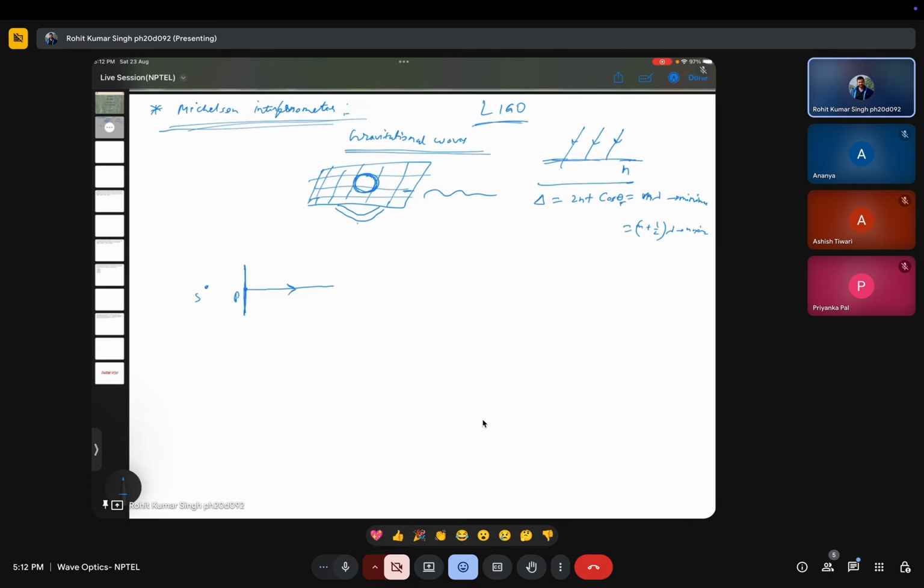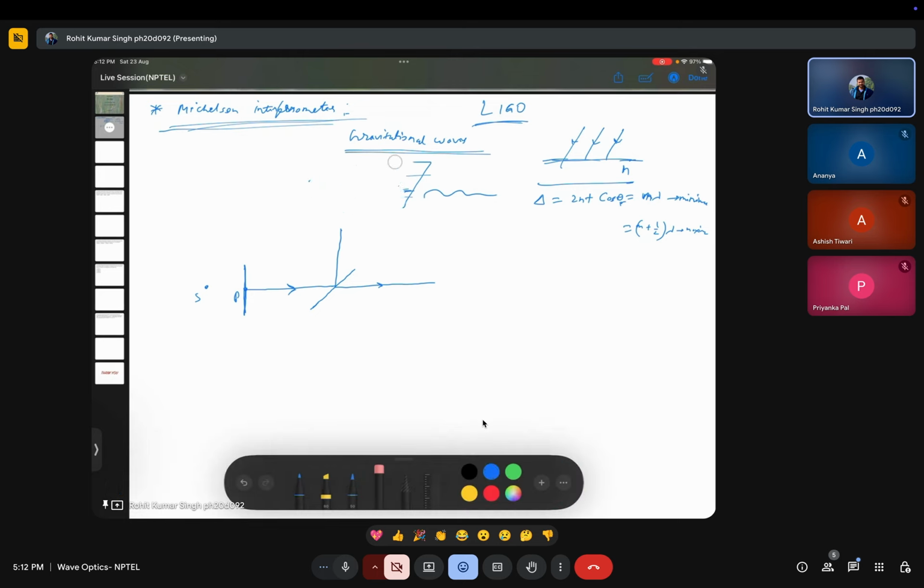Here you keep a glass, which is a silvered glass mirror. It partially transmits and partially reflects the incoming light. So some light transmits through it, and some gets reflected like this.